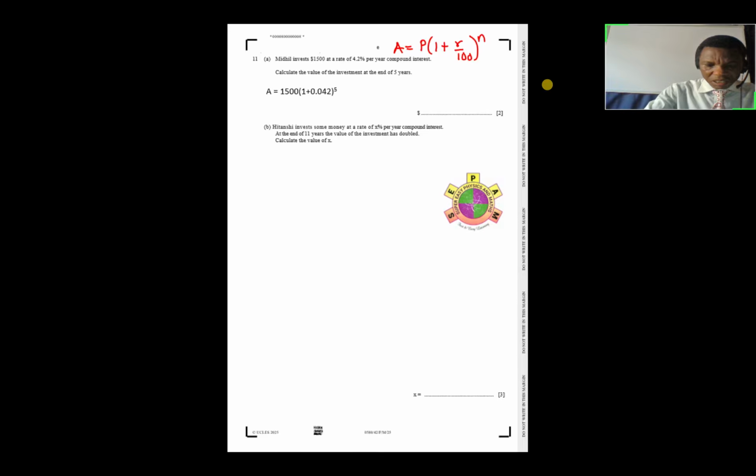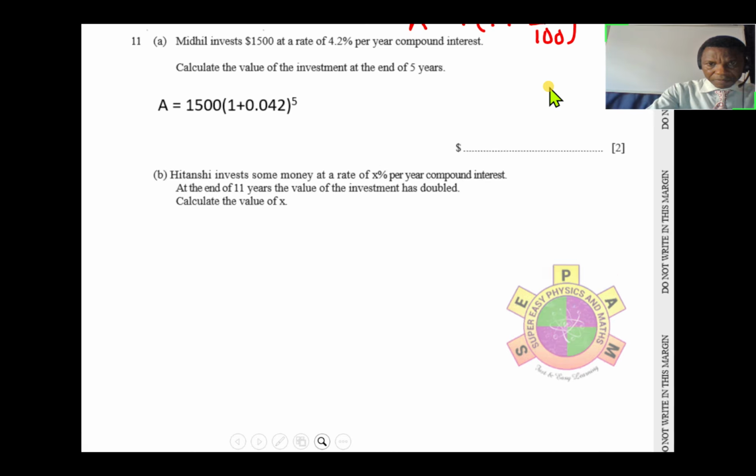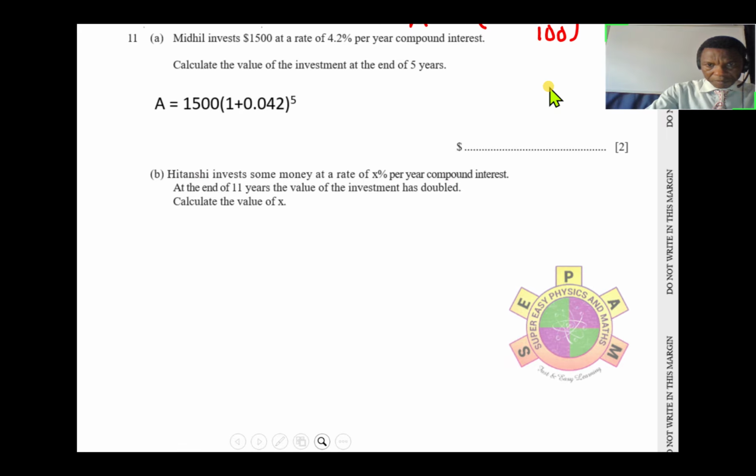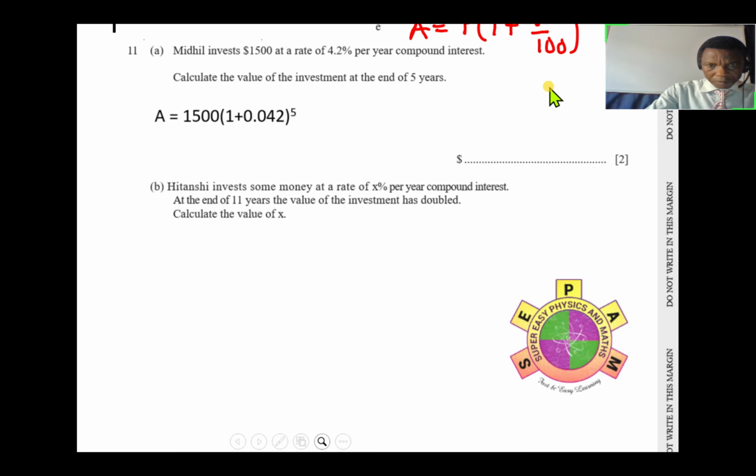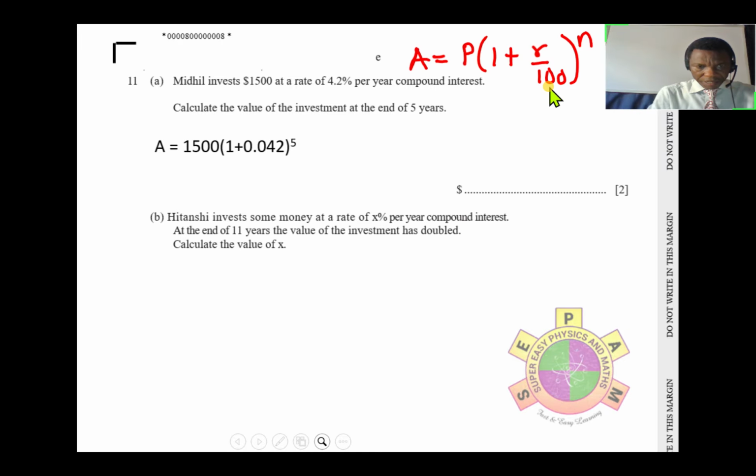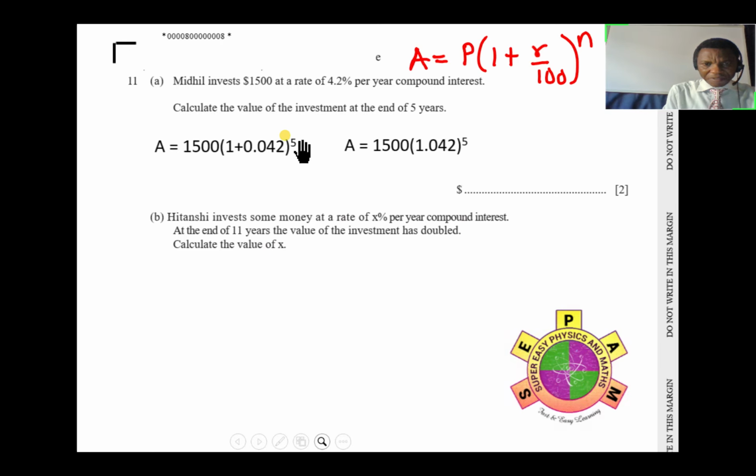So we have this value already. Let's simplify it. 1 plus 0.042 will give you 1.042, all raised to power 5.